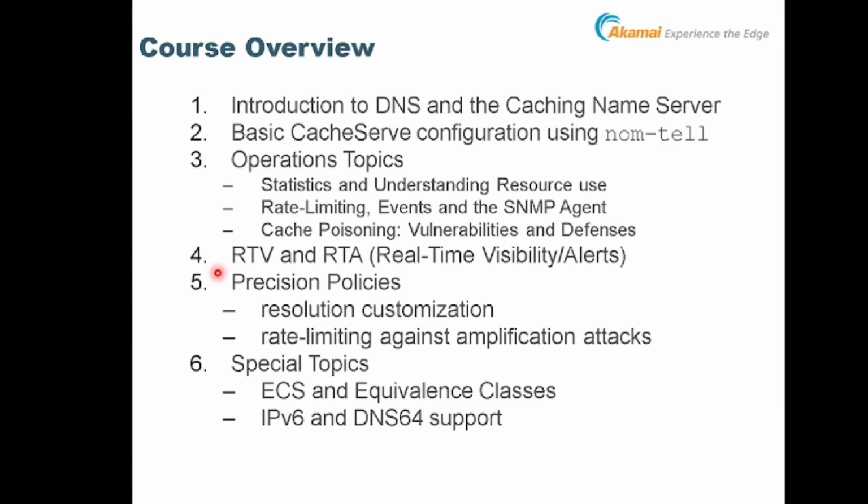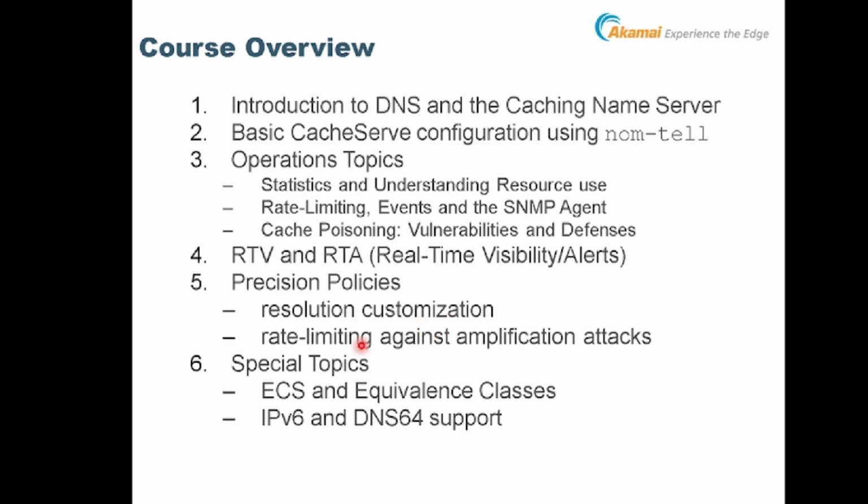After that, we'll spend some time with what the marketing people call precision policies. I would just call it policies. This is a mechanism for distorting the response that CacheServe sends back to clients. So instead of returning what I call the natural DNS answer from a resolution, we can customize the response to suit our needs.